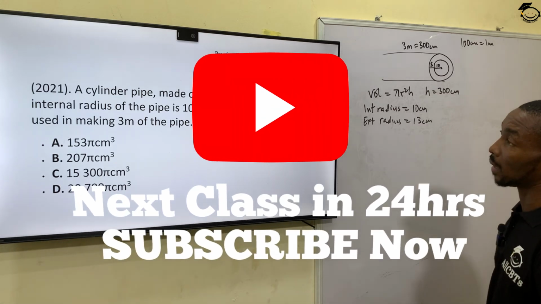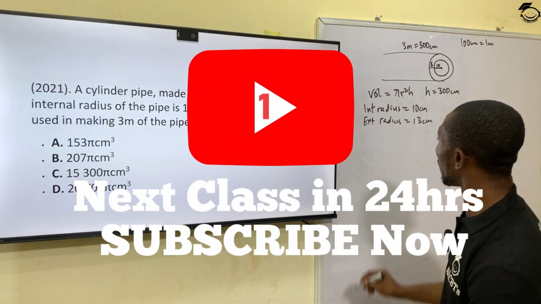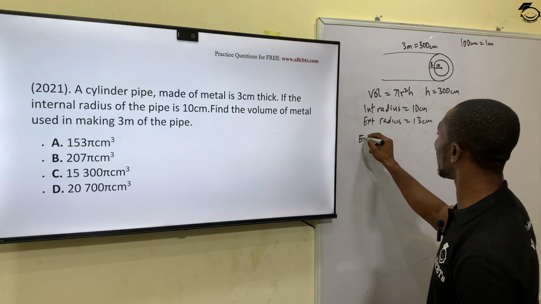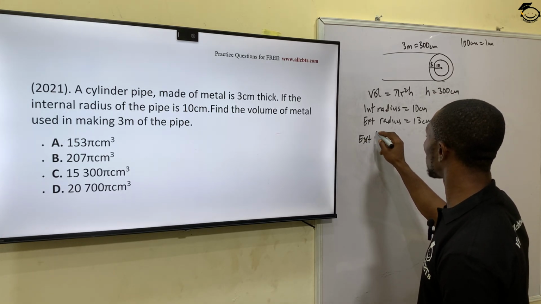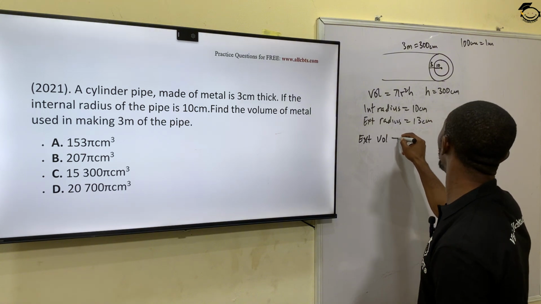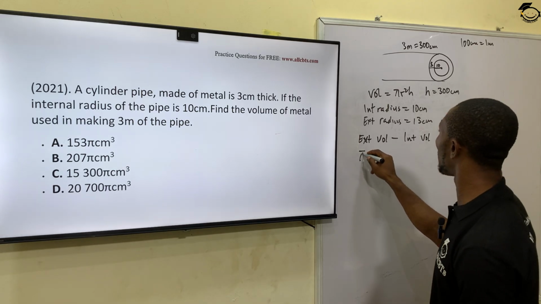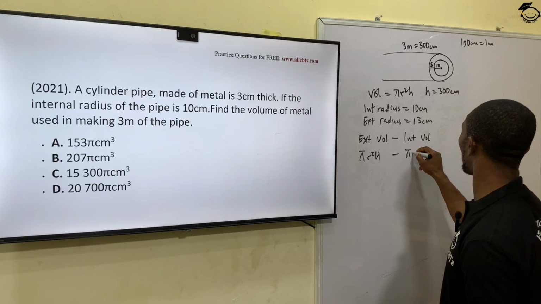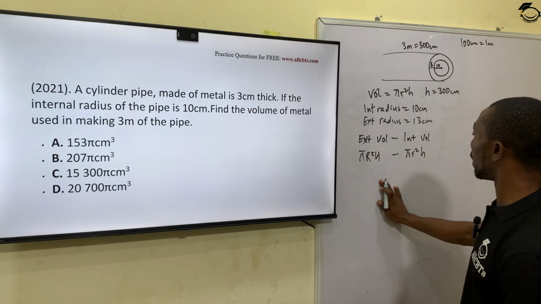To find the volume of metal used, we are going to do external volume minus internal volume. Now this will become pi R squared h minus pi r squared h, where R is the big R and this is the small r.